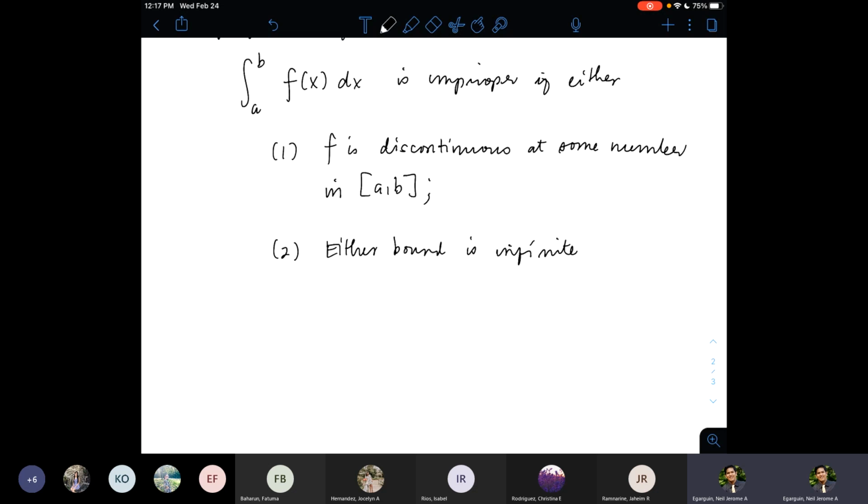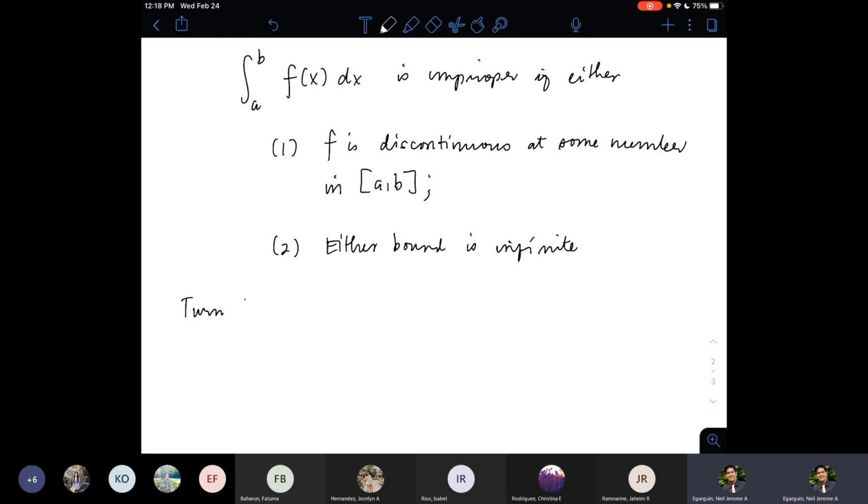I know that's a lot of mumbo jumbo, but let me show you through an example later. Essentially, what we try to do is turn the integral into a limit problem.